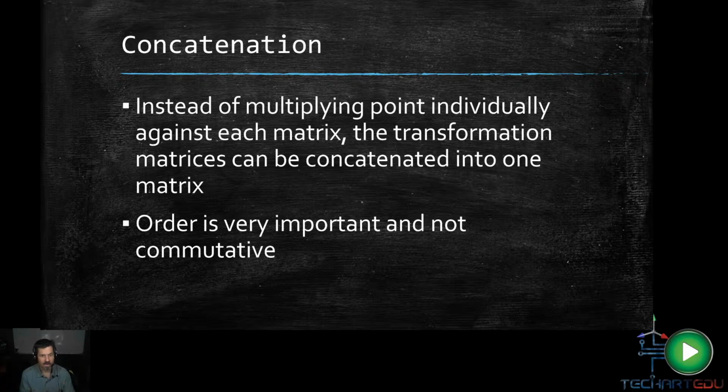So all you have to do is multiply all of these matrices against each other, and you end up with just one matrix. But the caveat is that the order is super important, and it's not commutative, which means you can't change the order around. The order is really important.